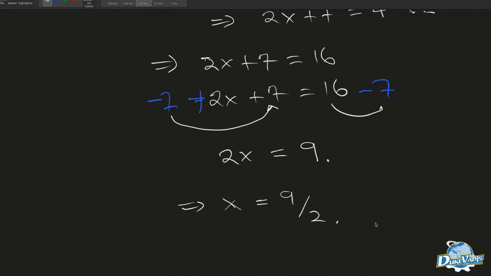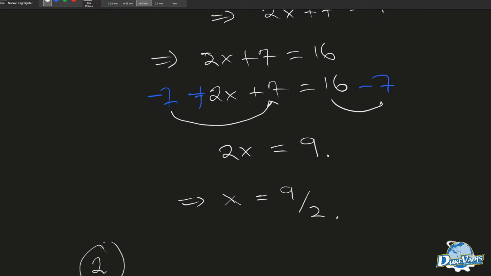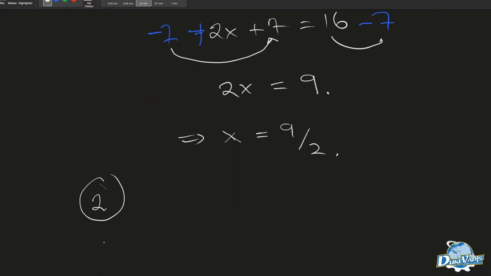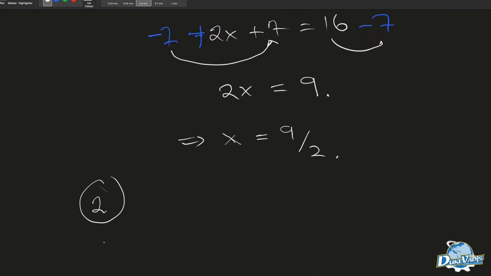Now let's look at equation number 2. Equation number 2 is another interesting one.